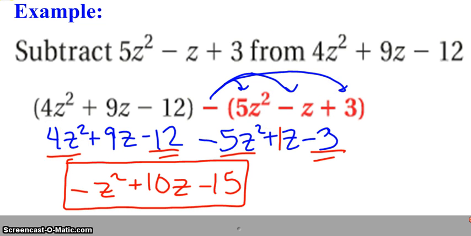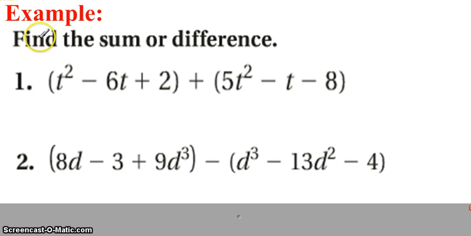Alright, let's have a couple more problems here. Again, I want you to find the sum, so you're going to add. It has it in two parentheses here because they want you to get used to functions, but you're pretty much just combining like terms. So again, t squared and 5t squared.